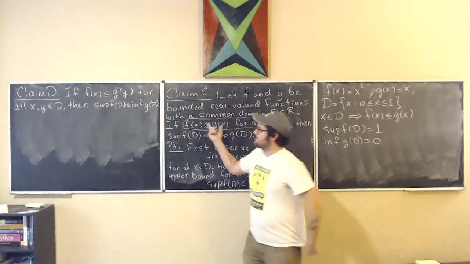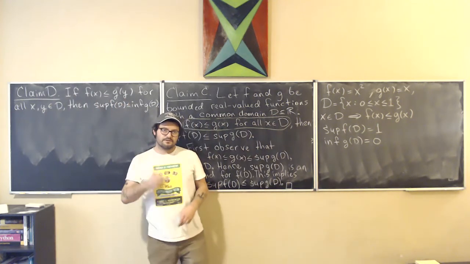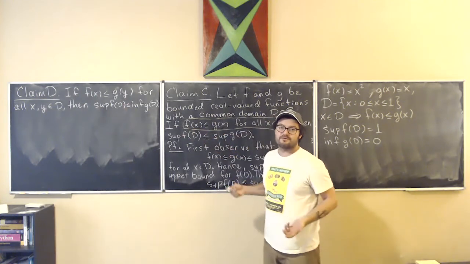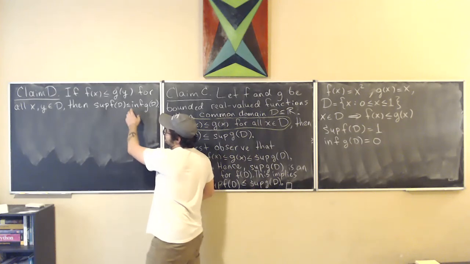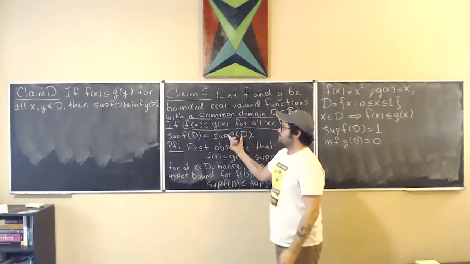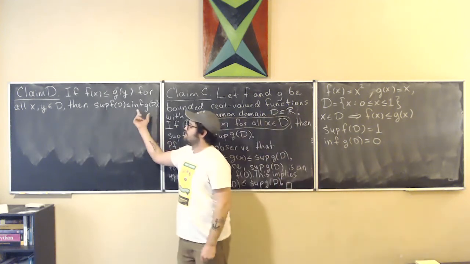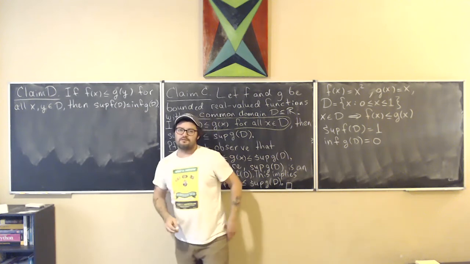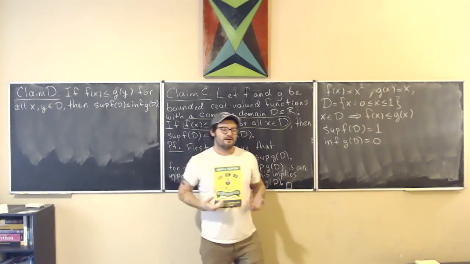This is for fixed x. This is for x and any y that you pick. So that subtle difference gives us a much stronger upper bound on the supremum of f. Here, the best we can say is that sup g is an upper bound on sup f. But here, we get that the infimum of g is an upper bound on sup f. So this is stronger, but the hypothesis is much more involved.